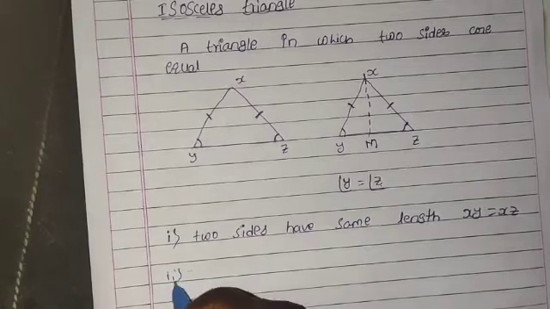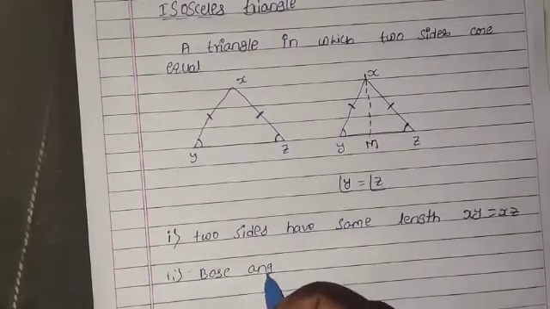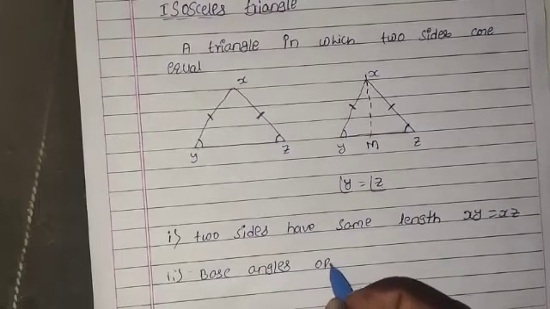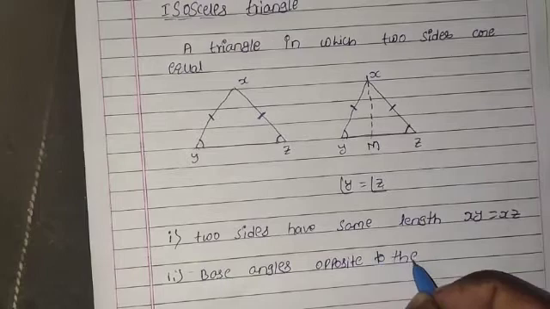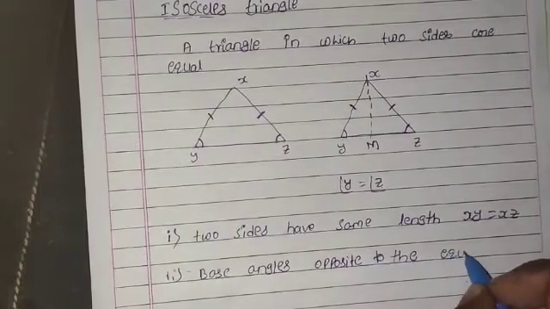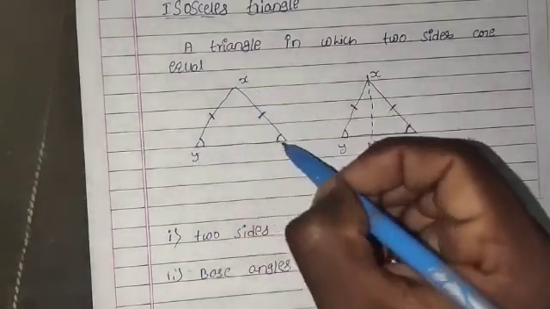In an isosceles triangle, two sides have the same length, and the base angles are opposite to the equal sides. Which are the equal sides? XY and XZ.